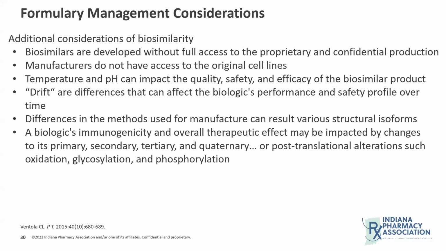Oh my, all those things can happen, which, like I said, are very complex molecules, so they're not easy to duplicate 100%. So again, this slide is really just to show the complexity of it and why our good old branded generic doesn't really apply to biologics. It's biologics and biosimilars, and then even interchangeability comes into play as well.